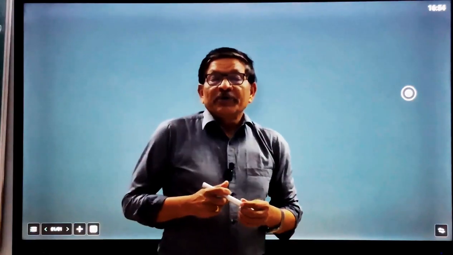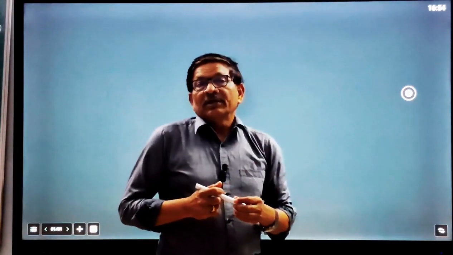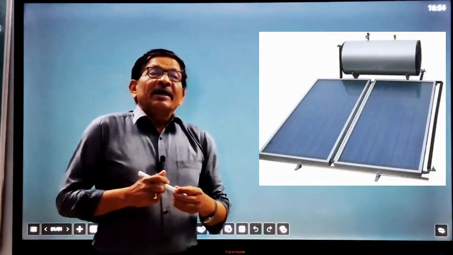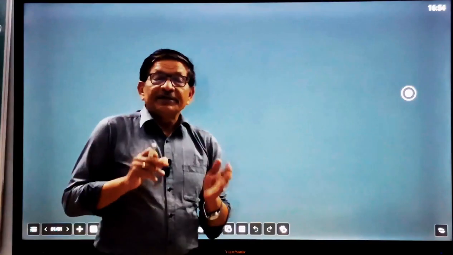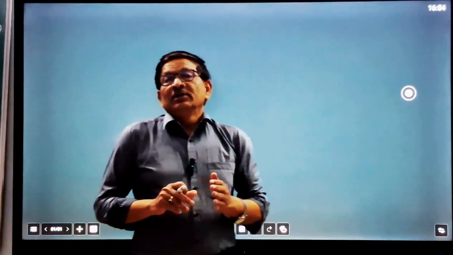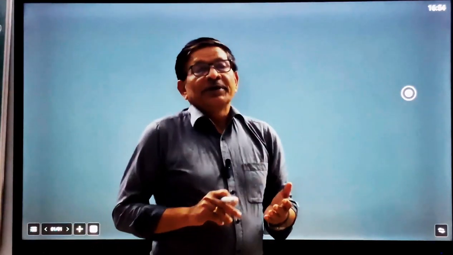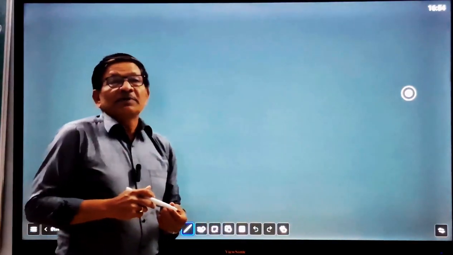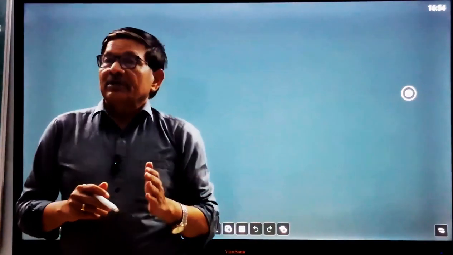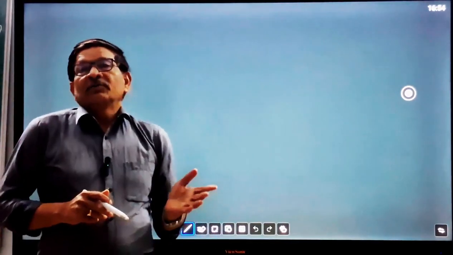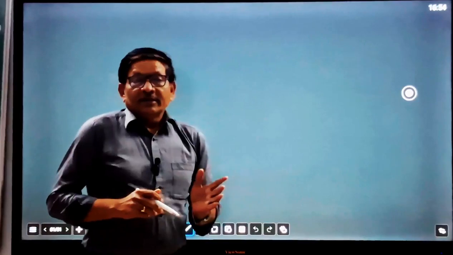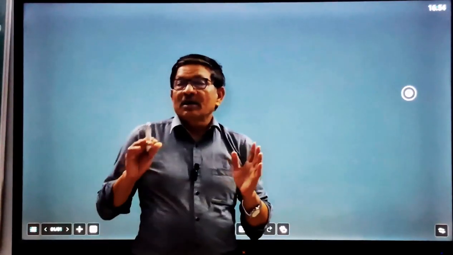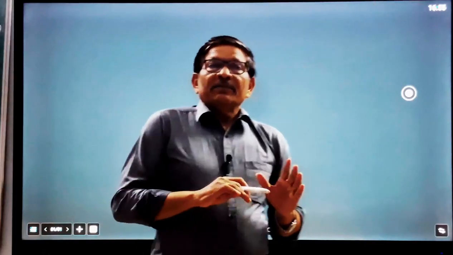So one of the most important collectors is a flat plate solar collector, universally applicable everywhere all over the world. It is the most convenient way of collecting solar energy in terms of heat energy for various applications. So one of the most important things that is required for the design of the flat plate solar collector, or any collector, whether it is a concentrating collector, paraboloid collector, disk collector, all collectors, there are some common things.